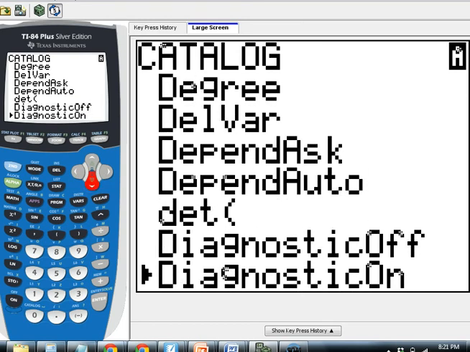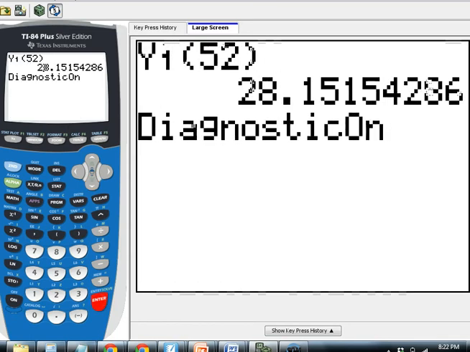You'll see a selection of diagnostic on and diagnostic off. In order to get R squared to be a value that the calculator will show you, you want to turn diagnostic on. So we'll go to diagnostic on from this menu, and we'll press enter, and we press it again, and it'll say done.